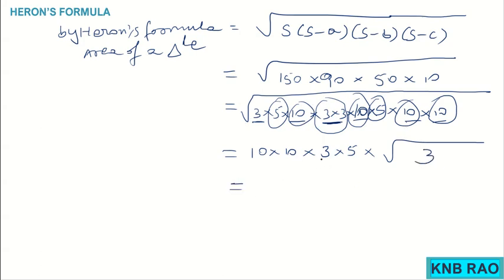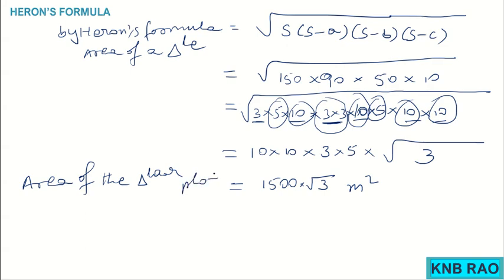So the product of this 3 into 5 into 10 into 10 is 1500 into root 3 meter square is the area of the triangular plot. So we will find out like this.